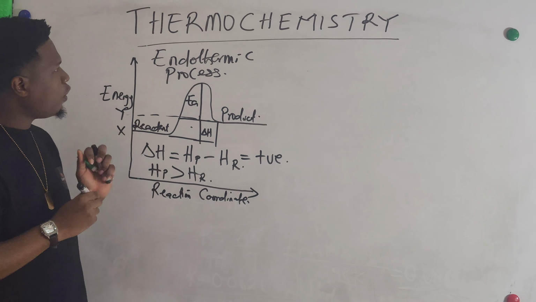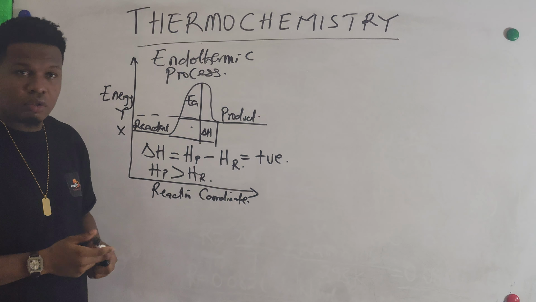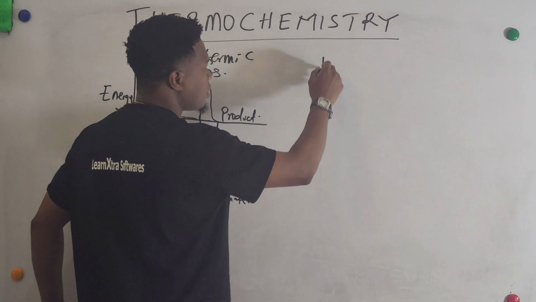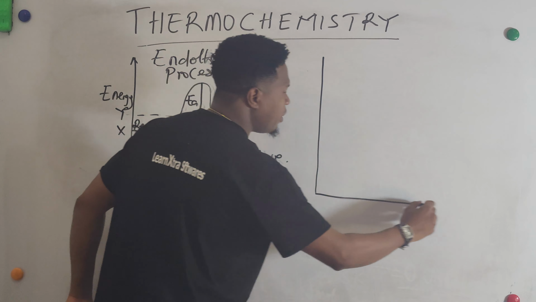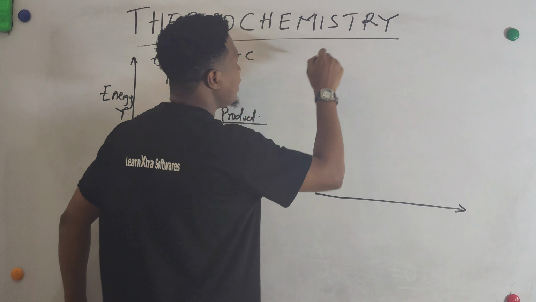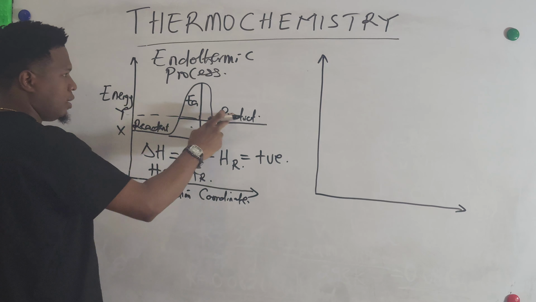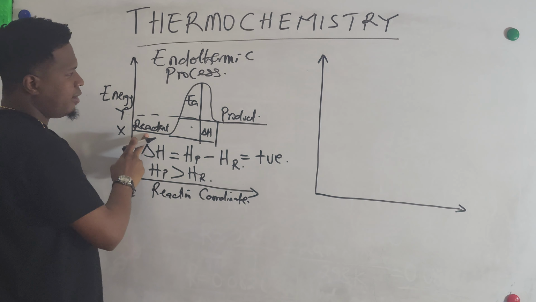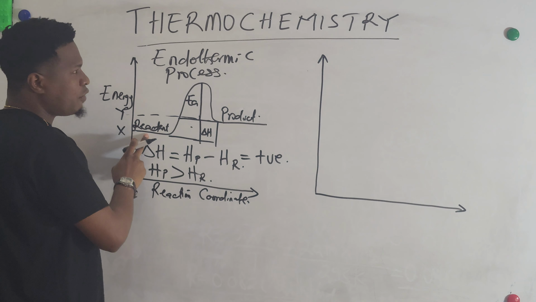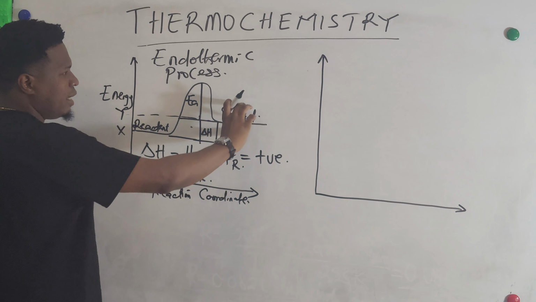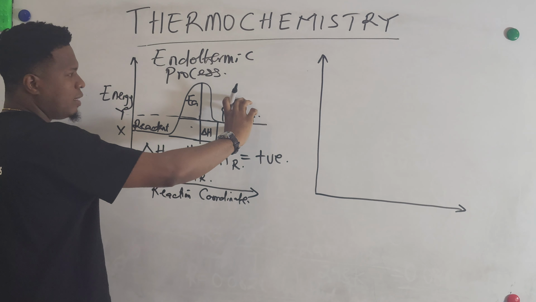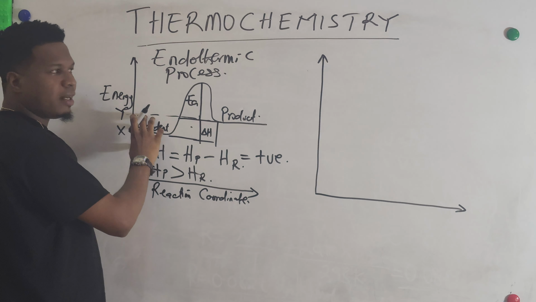So this is for an endothermic process. I could also show you an exothermic process. Remember that for an endothermic process, the product is greater than the reactant.